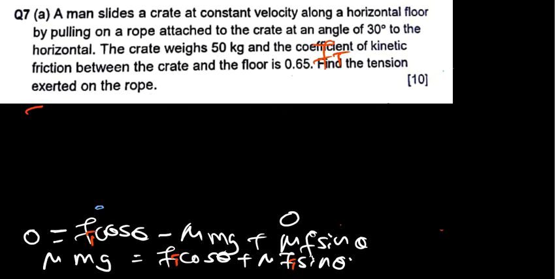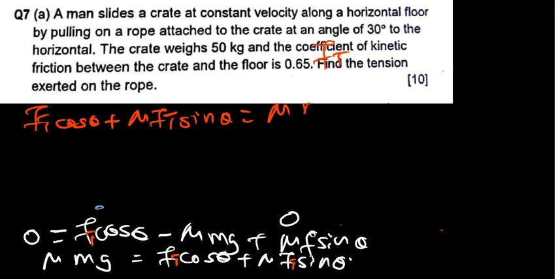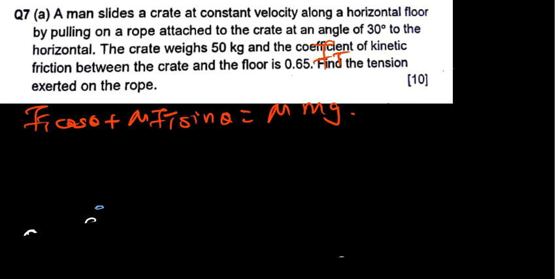So I have now Ft cos theta plus mu Ft sin theta is equal to mu times mg. Now from here, I can factor out the Ft, because my goal is to find the Ft.